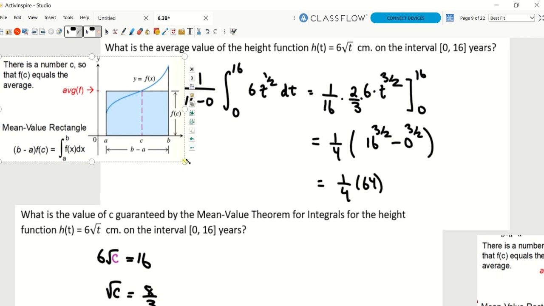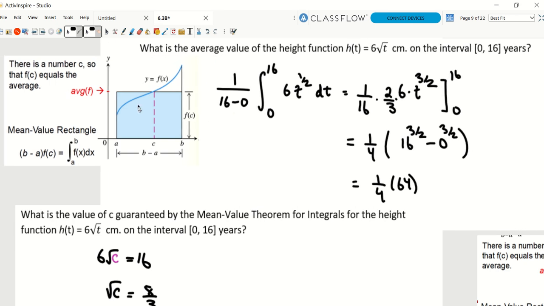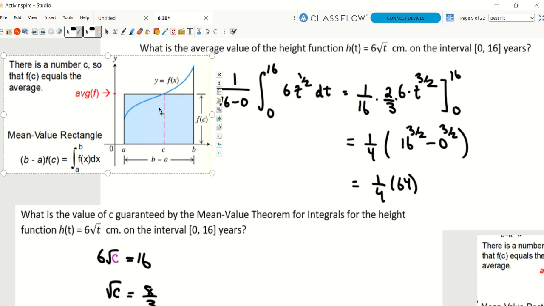Now, what is the average value of the height of the function? Okay, so let's start here. Green. This is the same as this, which gets plugged in here. Does that make sense?